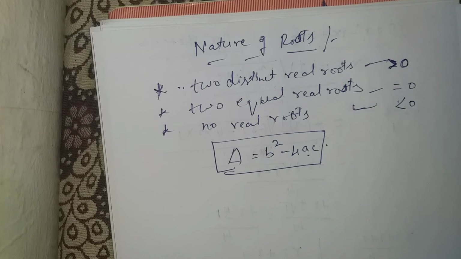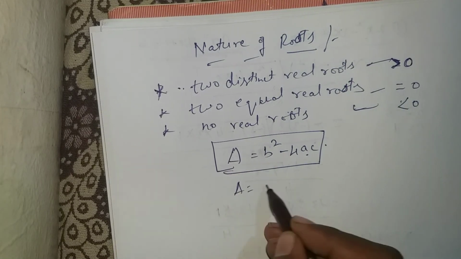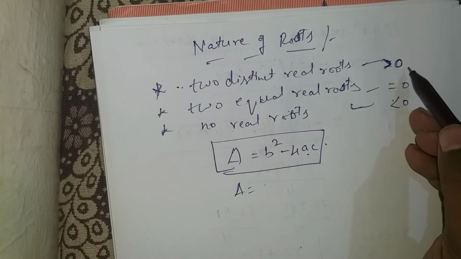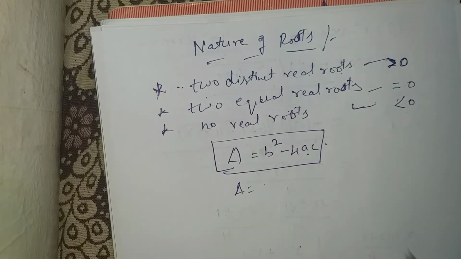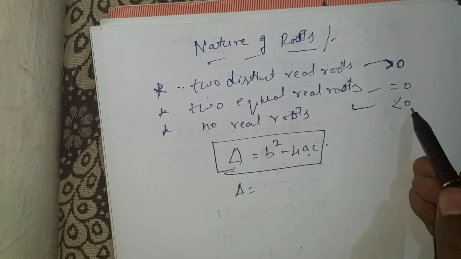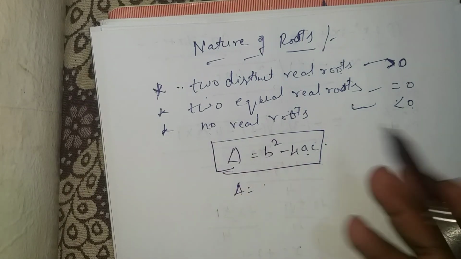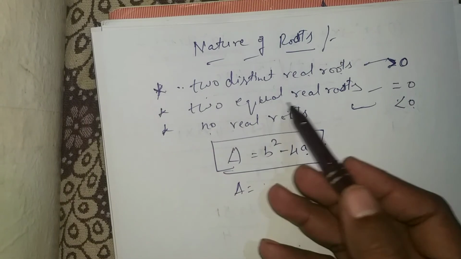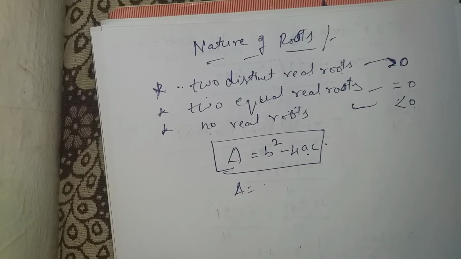Whatever value you get for delta, if it is greater than 0, we'll tell 2 distinct real roots. If it is negative in sign, it is less than 0, which is nothing but no real roots. If the answer is exactly 0, then I'll tell 2 equal real roots. I'll show you how to find out now.